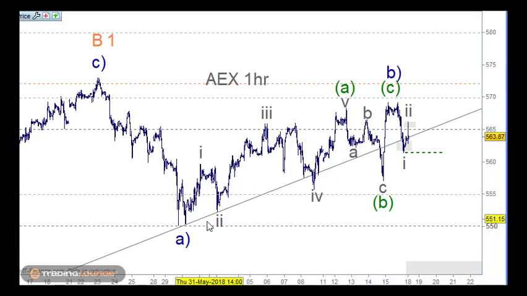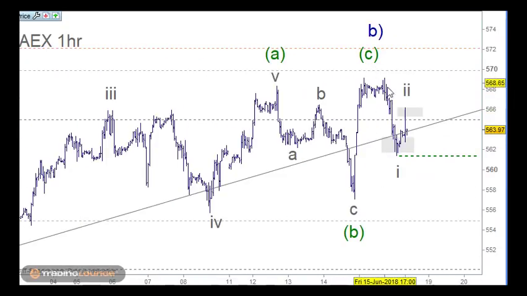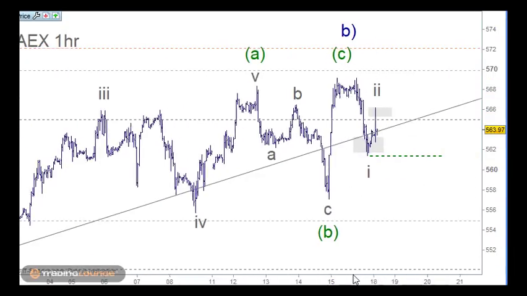In this case we could count this down as an A, a B and a C. This is really large compared to this here, so it makes me think it would have to be a B wave. Even when it moved up to its 61.8% mark here, I think that was the case. Anyway, it doesn't matter. We've moved down here, so we're all going according to plan.